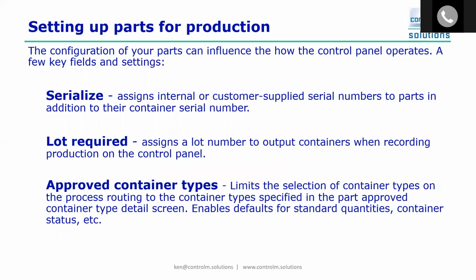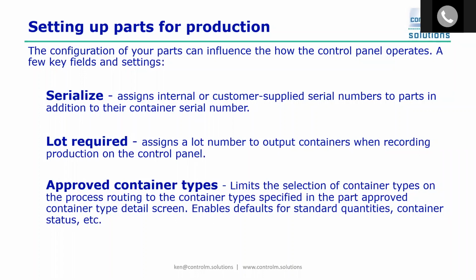So the configuration of your parts can influence how that control panel operates. I've just chosen a couple key fields here in settings that can be used to set up parts and influence the way the control panel works. One of those would be serialized.